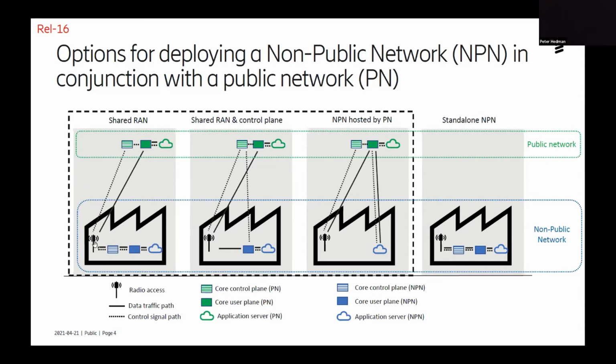But the point is that here you have a shared radio, and the devices can select either the public network or this non-public network, and the only common part is this base station or radio network. And then there are different levels of sharing also the 5G core networks.